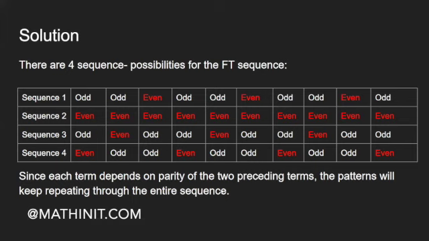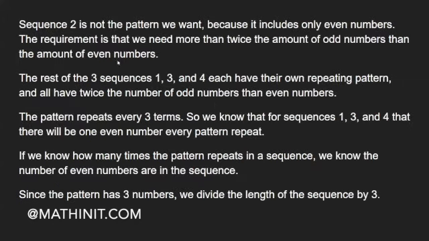So yeah, we can just represent it like this. Just a quick note before we get started: we don't actually want sequence 2, because it's all even numbers, and the requirement was that it needs more than double the amount of odd numbers than even numbers.